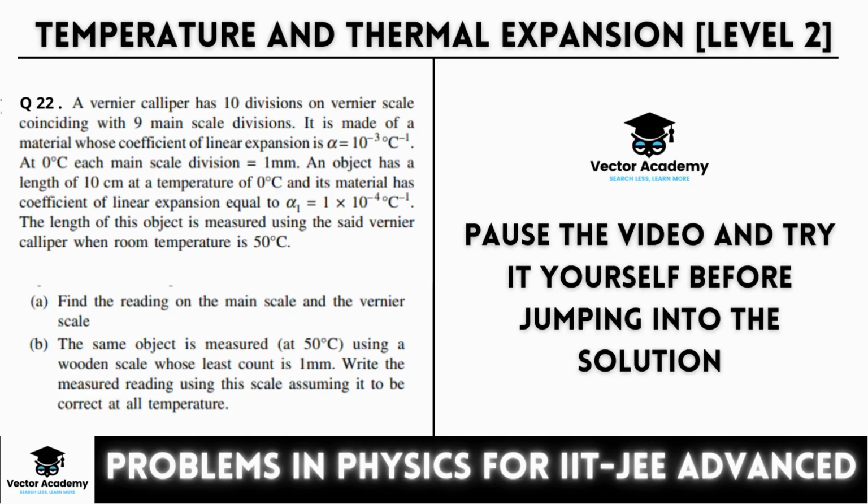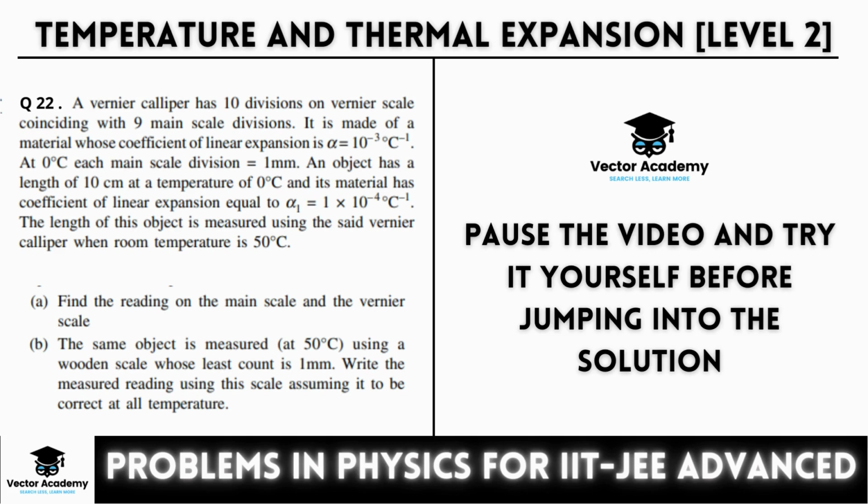Question 22. A vernier caliper has 10 divisions on the vernier scale coinciding with 9 main scale divisions. It is made of a material whose coefficient of linear expansion is alpha equals 10 to the power of -3 per degree Celsius.